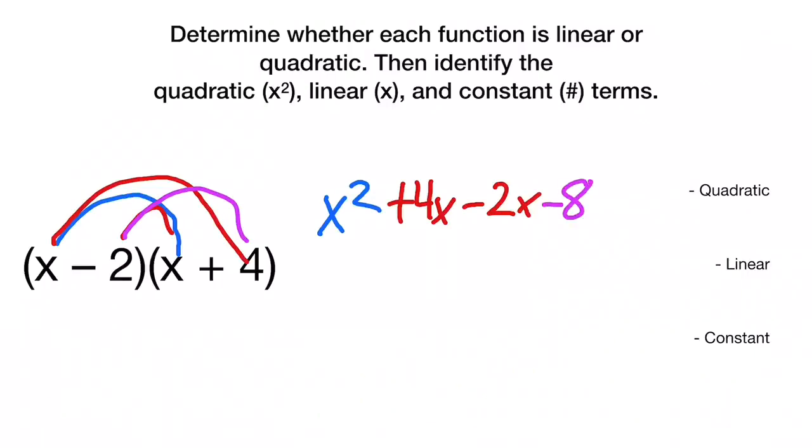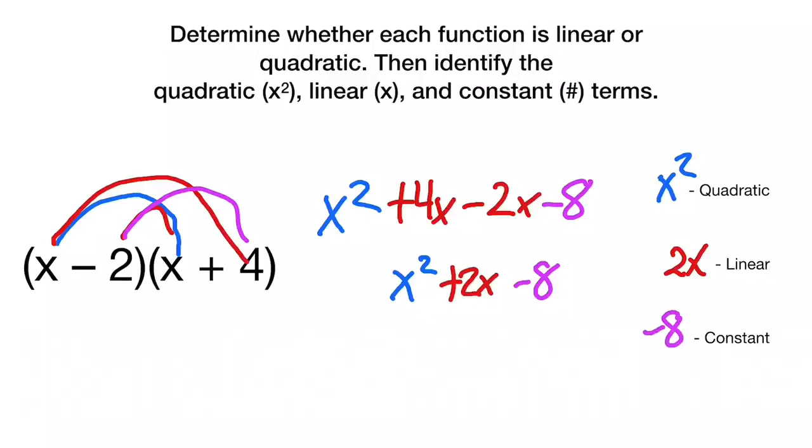At that point, we get x squared, and then we have to add in the 4x and the minus 2x to become plus 2x, minus 8. So our quadratic term in this case is x squared, our linear, 2x, and our constant, negative 8.